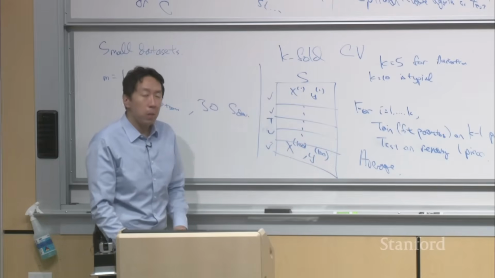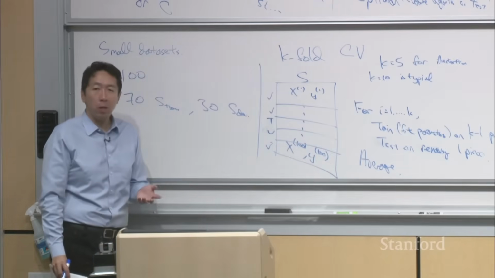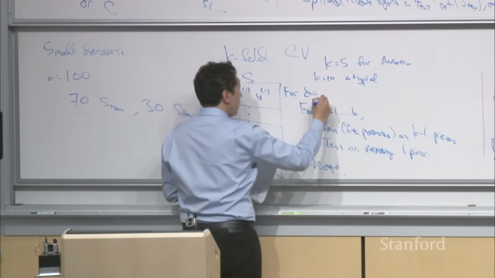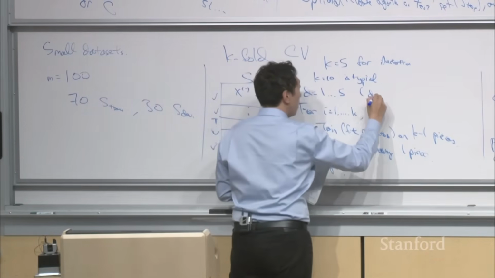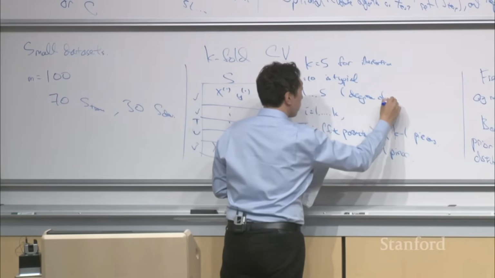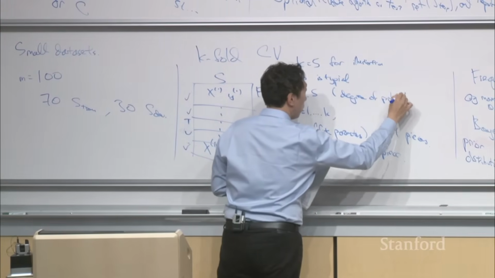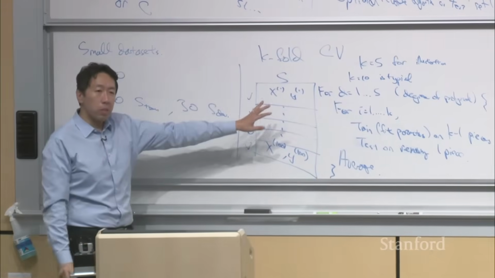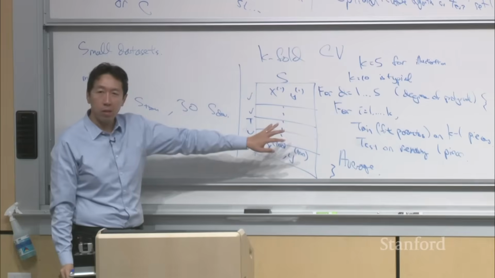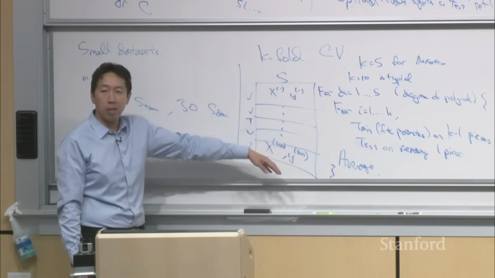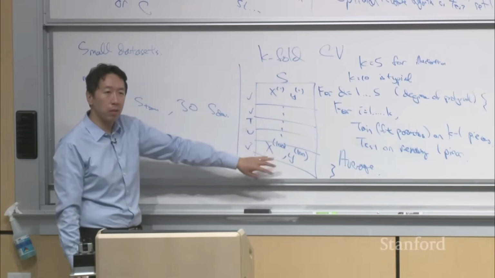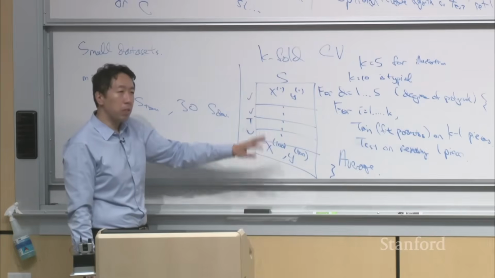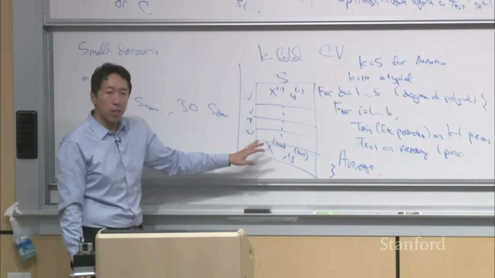Okay? And so if you're trying to choose the degree of polynomial, what you would do is, for d equals 1 to 5, you do this procedure for a first order polynomial. You fit a linear regression model 5 times, each time on 4/5 of the data, and test on the remaining 1/5. And you repeat this whole procedure for the quadratic function, repeat this whole procedure for the cubic function, and so on.